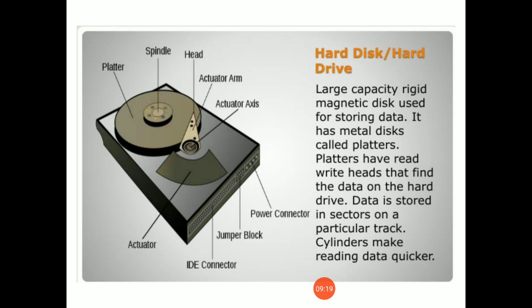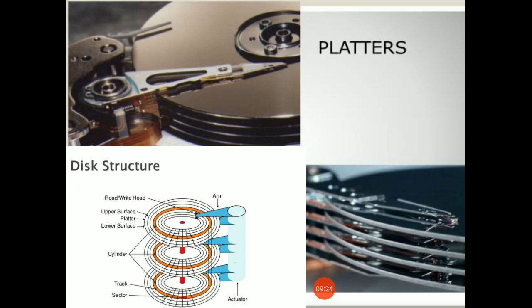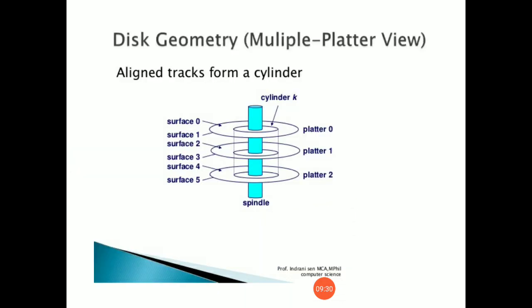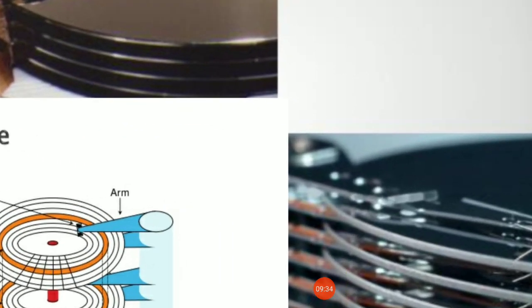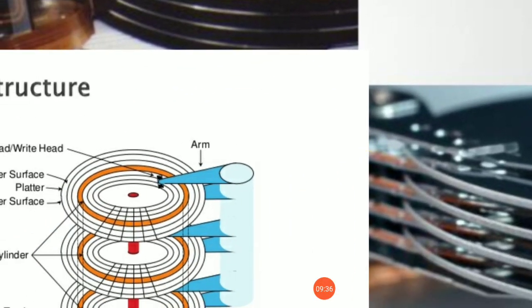Now I will discuss the main principle that is actually happening inside the hard disk. How does the data get stored in the hard disk, that is, how do 1 or 0 get stored?